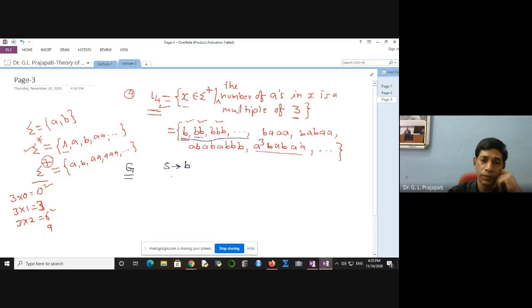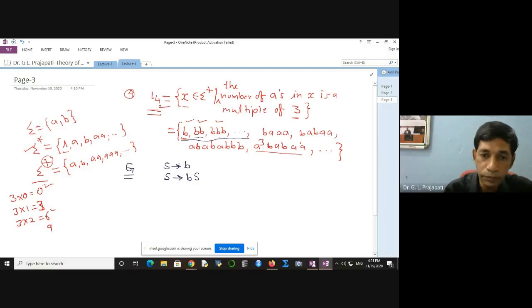You can make the repetition. So you can say that either B or BS. So if you want more B's, then you have to apply this rule repeatedly. And once you want to terminate, then finally you can replace this S with the rule S derives B. So you can obtain all possible such strings: the string B, double B, triple B, and so on.